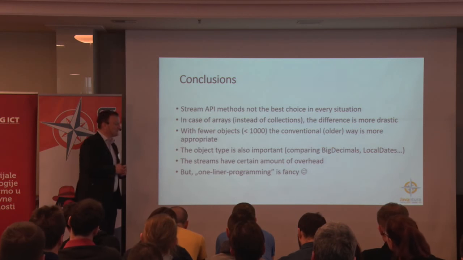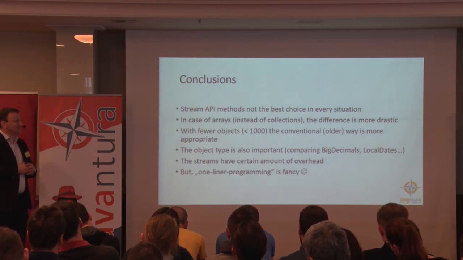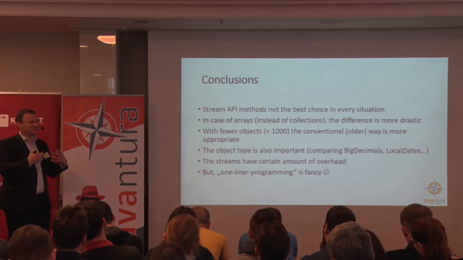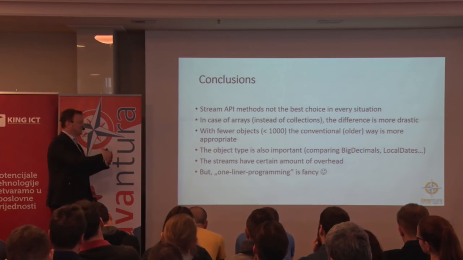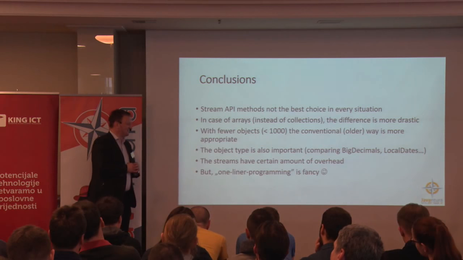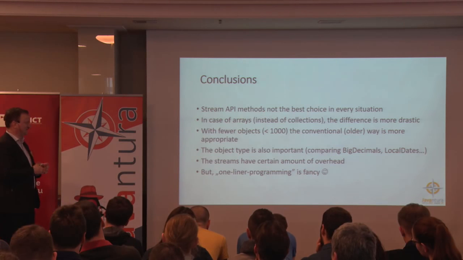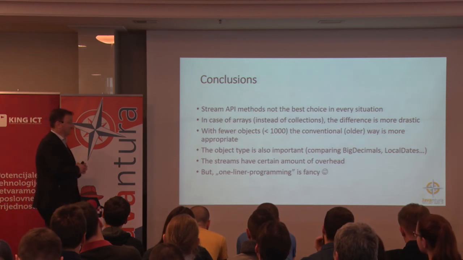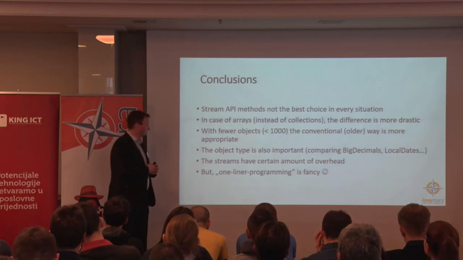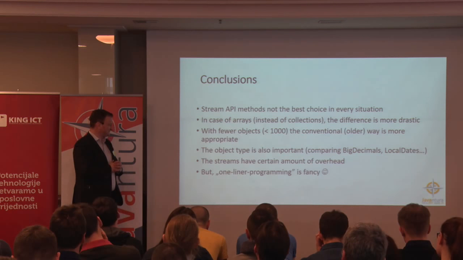They will improve the performance of lambdas, but I think, since it's the first Java release with lambdas, we can expect some updates that can generate better results. With fewer objects, less than 1,000, the conventional older way is more appropriate, and the object type is also, of course, important.